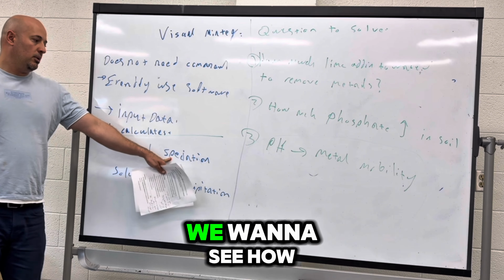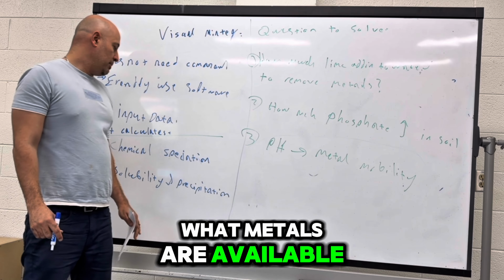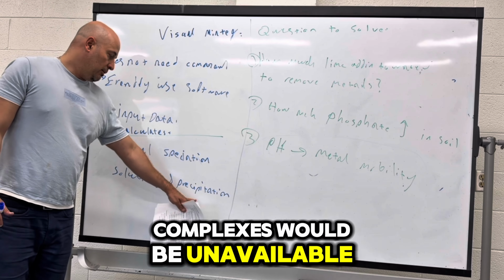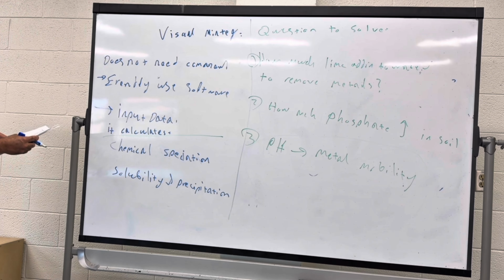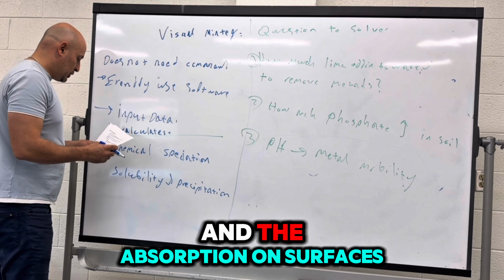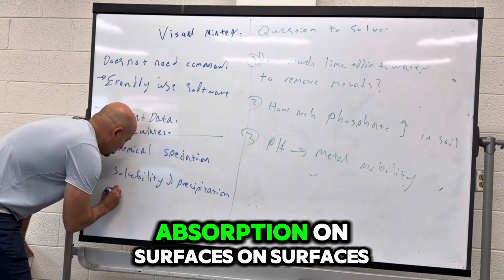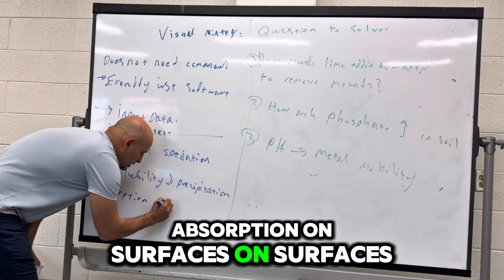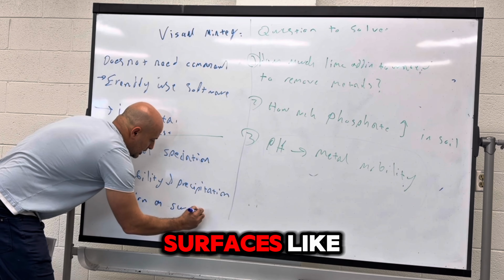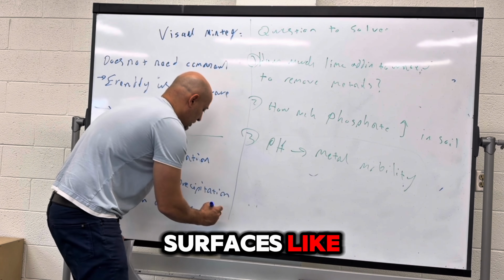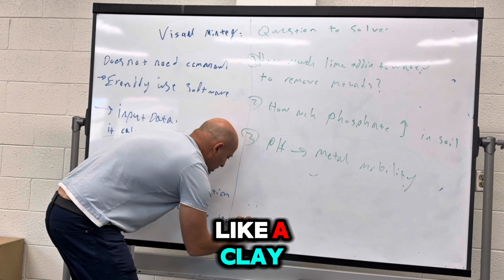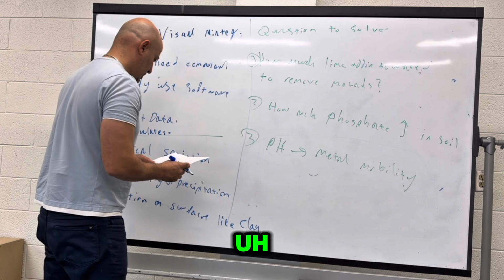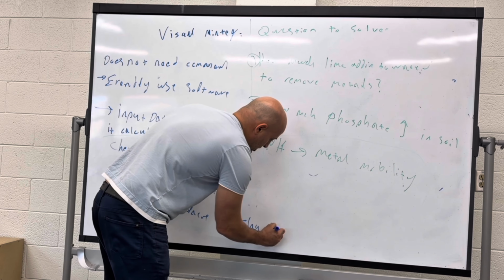Chemical speciation, we want to see what metals are available, what complexes would be unavailable or precipitate. And the sorption on surfaces, surfaces like a clay or oxide.